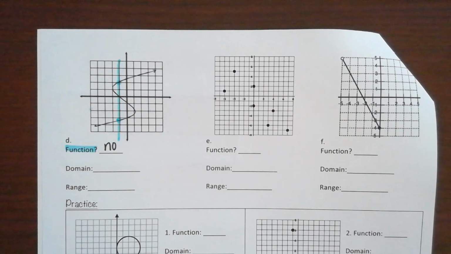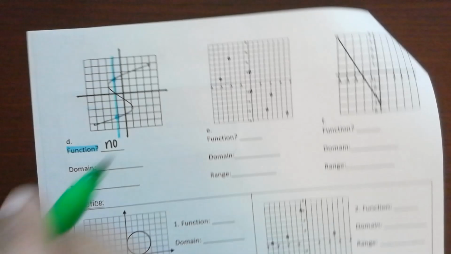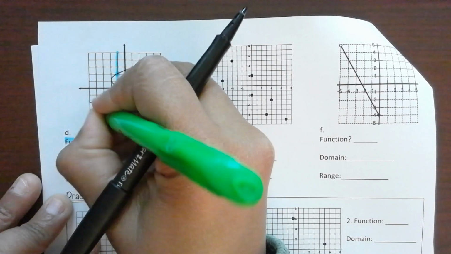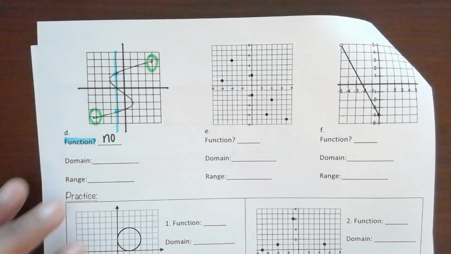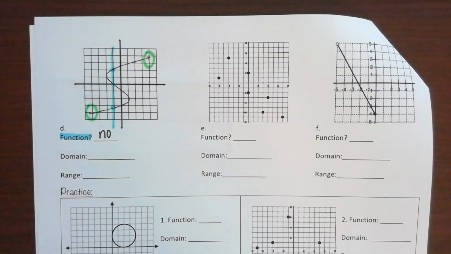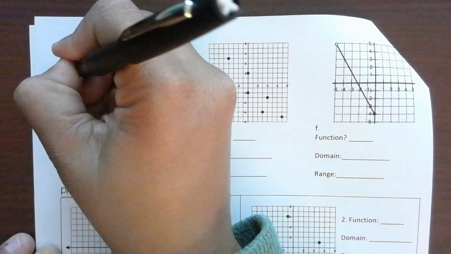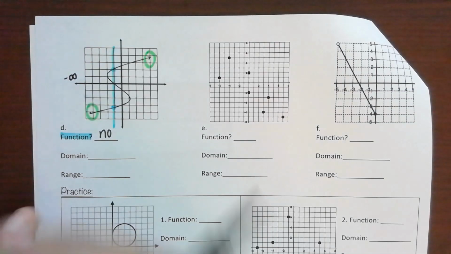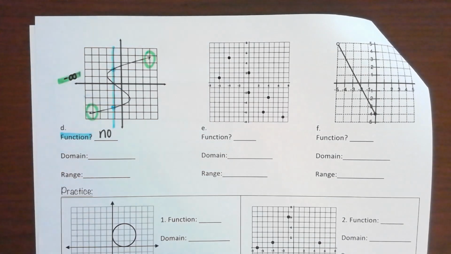So, leftmost value is? There's arrows. There and there. So what's your leftmost value? -infinity. What's your rightmost value?